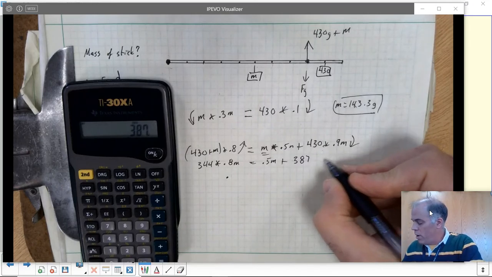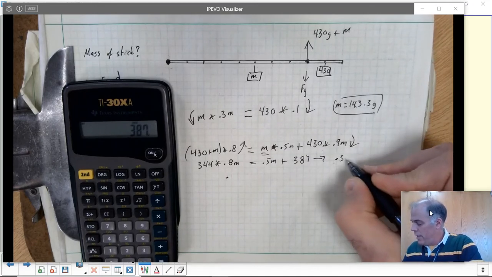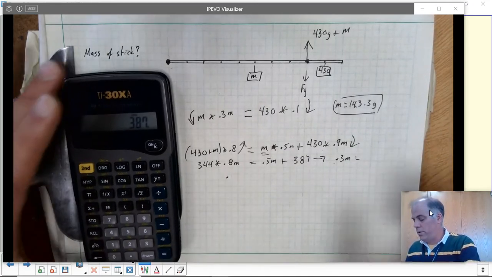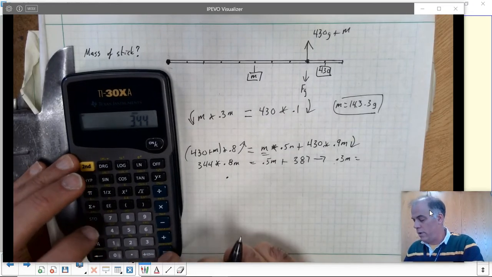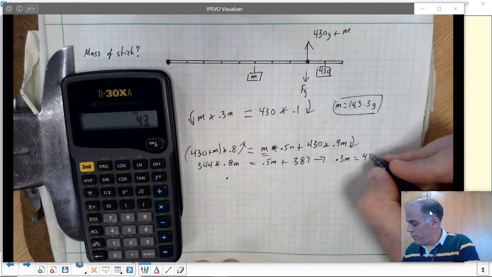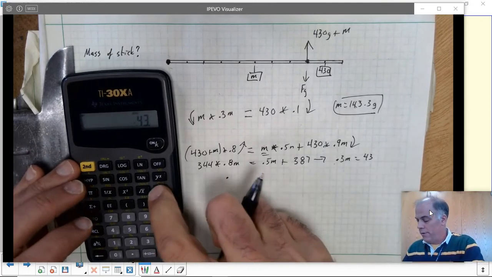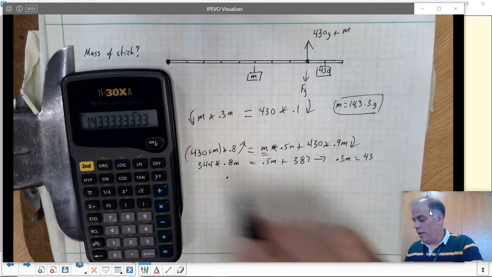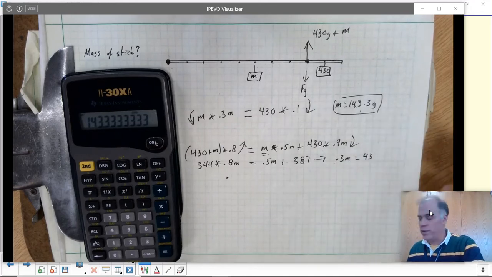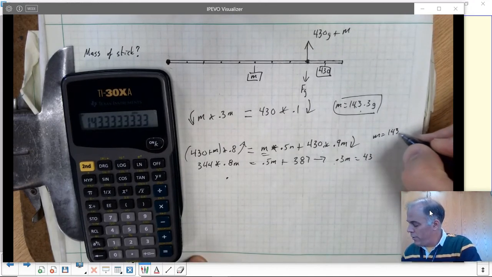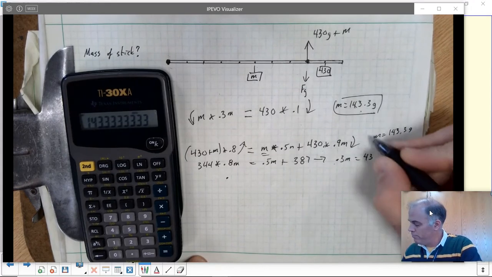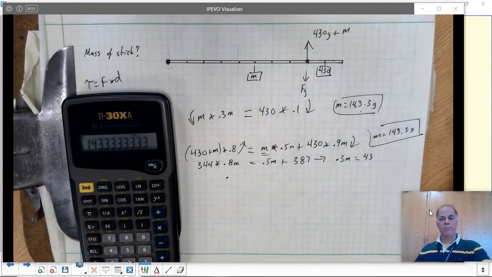So 0.3 M is equal to 387 minus 344, which is equal to 43. Divide 43 by 0.3, and we get 143.3, just like we did before. So M is equal to 143.3 grams. So it works either way.